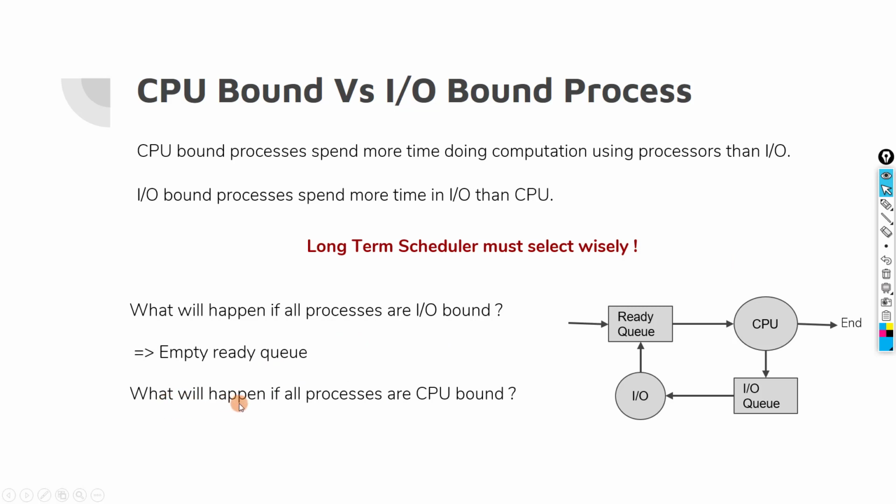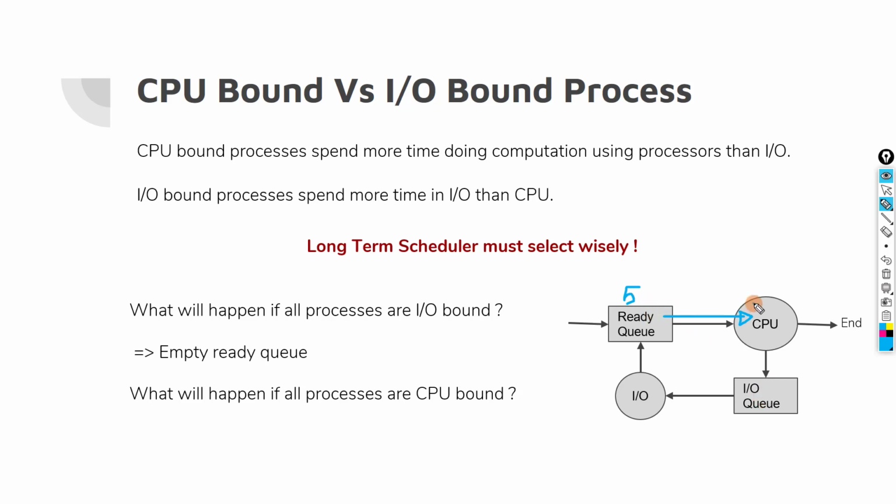Then again, what will happen if all processes are CPU bound? Say for example all these 5 are CPU bound. This process will come from the ready queue to the CPU and will be executed here, and these processes don't need the IO queue or IO devices, so they don't come to the IO queue.